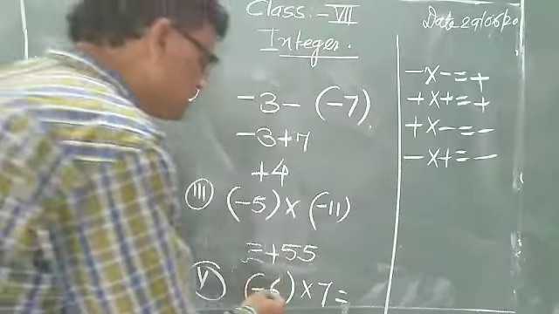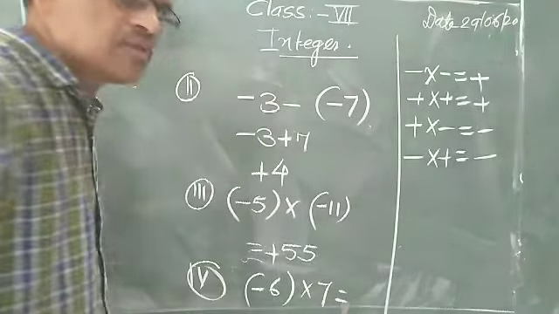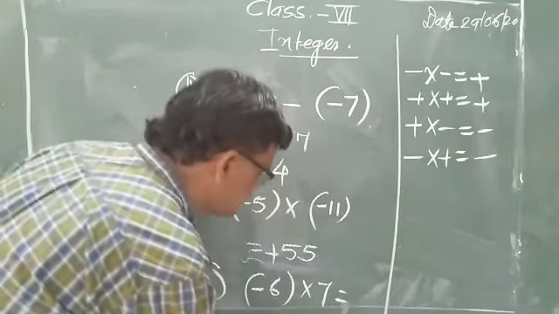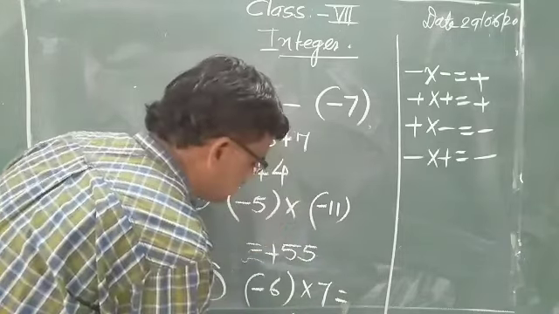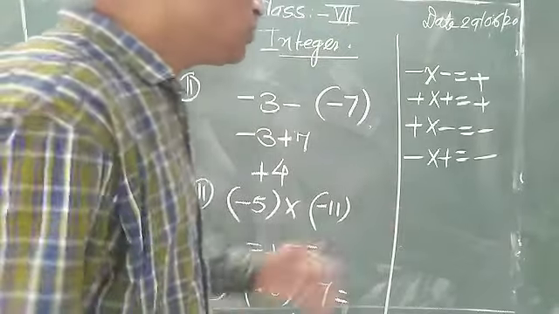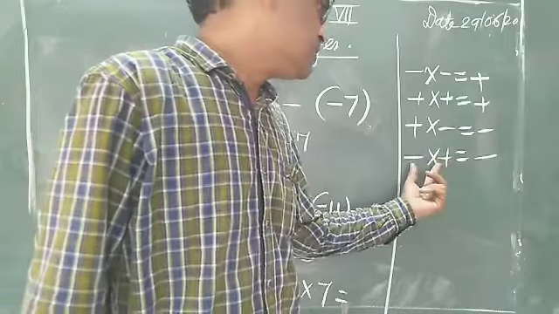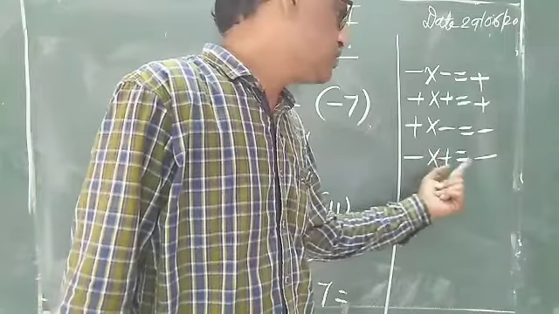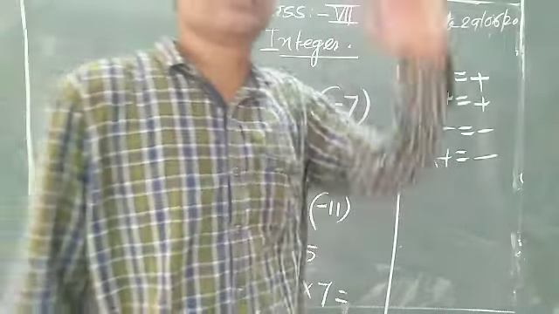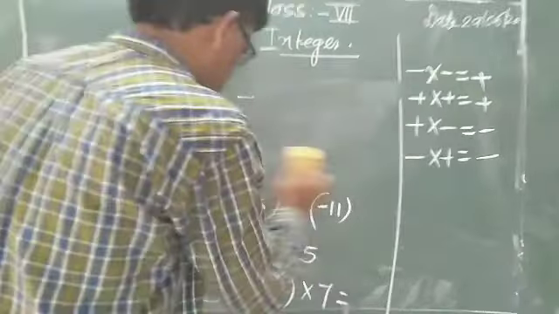Here also we multiply these two numbers, 6 into 7 is 42, and the sign is negative. Why is the sign negative? Because the product of a negative and a positive number is always negative. Okay, dear students, next problem we will see here.